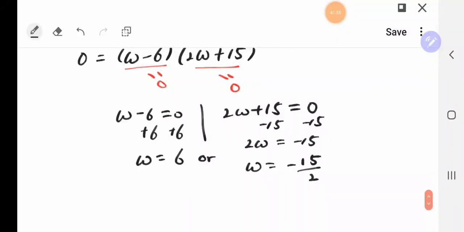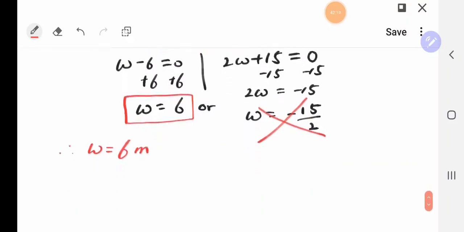Now W is the width. Since the width is negative, and negative is not a solution, eliminate the negative number. So the only value of the width is 6. So the width is 6 meters. Then what is the length? The length is 3 more than twice the width.